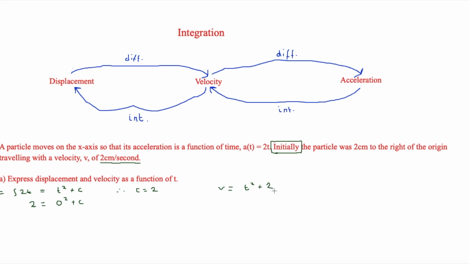So then if you want to work out what the displacement is, which displacement actually says s, then what we can do is just integrate the velocity. So we're going to integrate t squared plus 2.